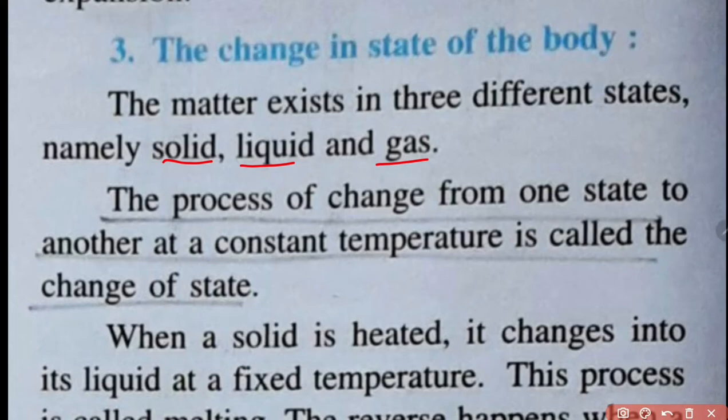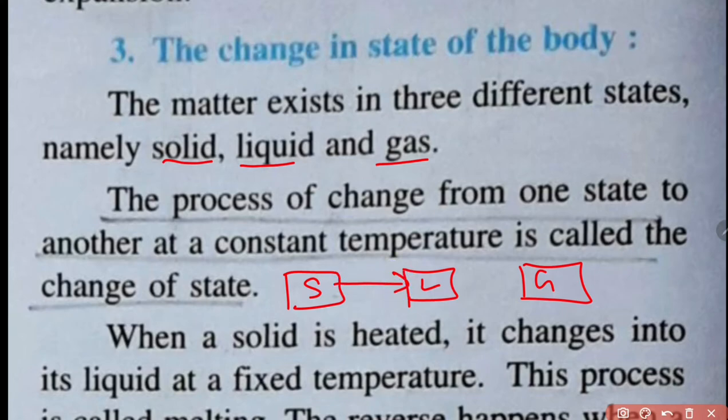Now as you all know, this is solid, this is liquid, and this is a gas. So when you give heat to the solid, it will change into liquid, and when you heat liquid, it will change into gas. And when you extract heat from the gas, it will change into liquid, and when you extract heat from the liquid, it will change into solid.